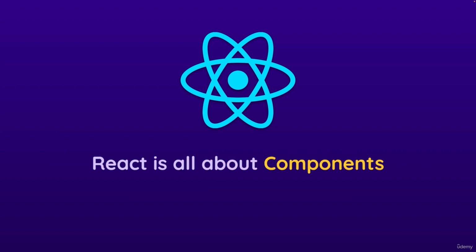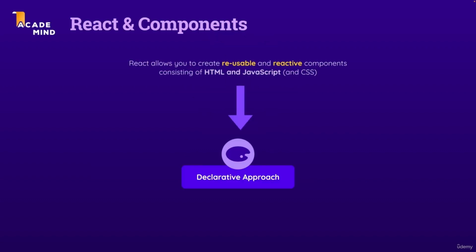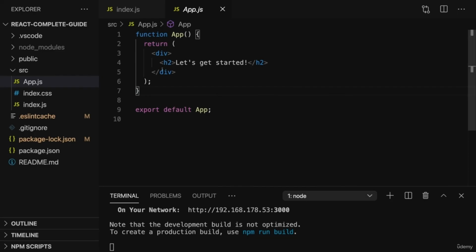We build those components, and a component is basically just a custom HTML element. And we do that with this declarative approach, as I mentioned, which means with React, we define the desired target state, and React is then responsible for generating and running the actual DOM instructions which update what's visible on the screen.